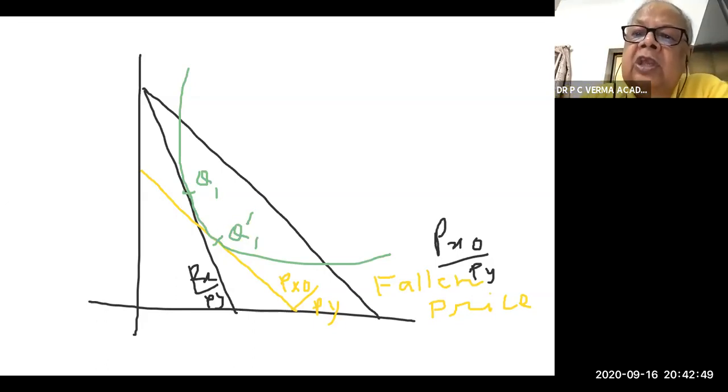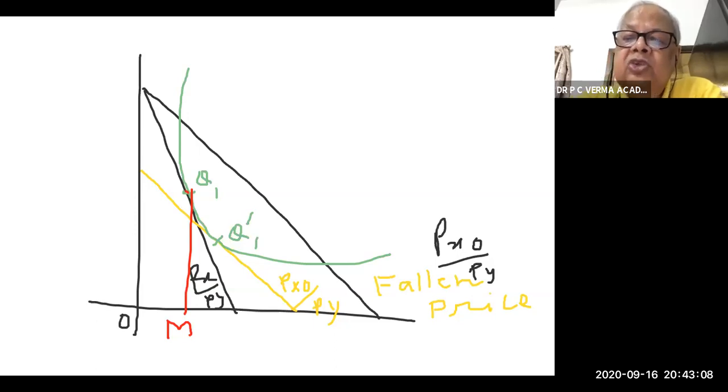If we drop a line, consumer is buying OM. Now after substitution effect, consumer shifts from M to MN. This MN is substitution effect.